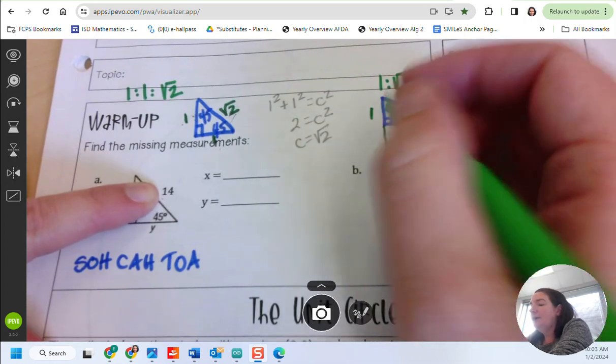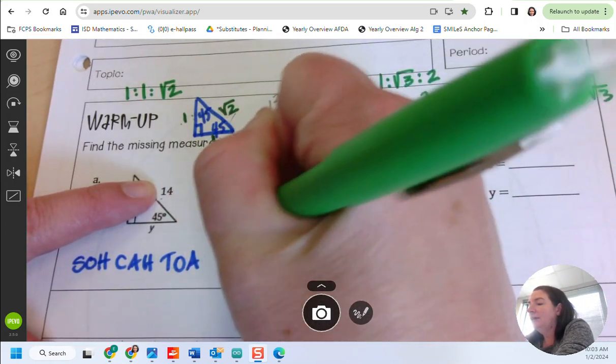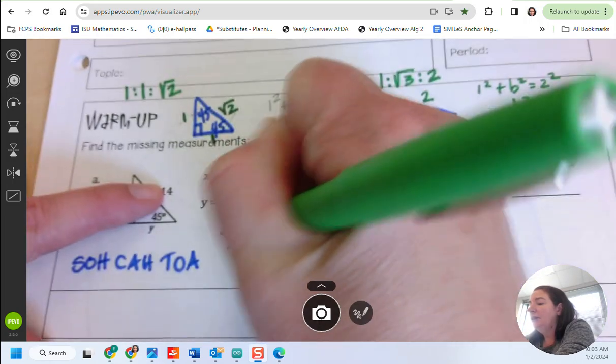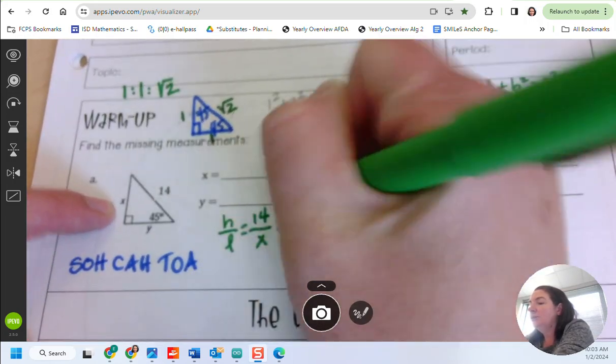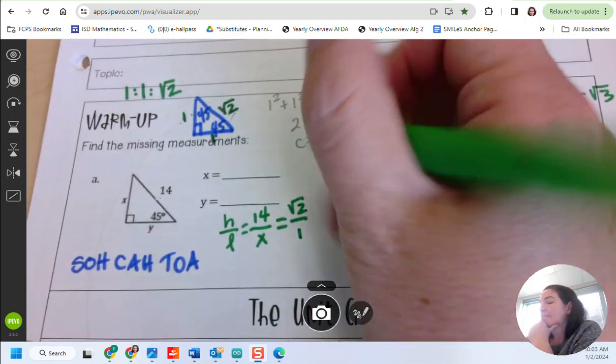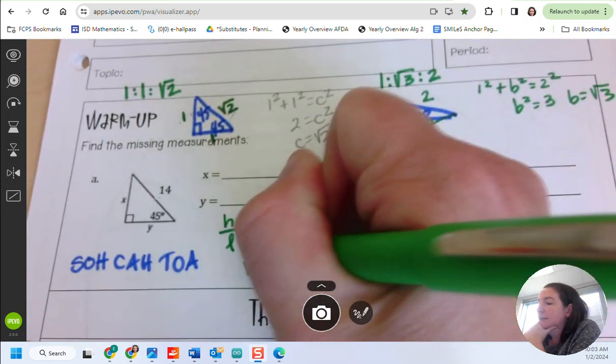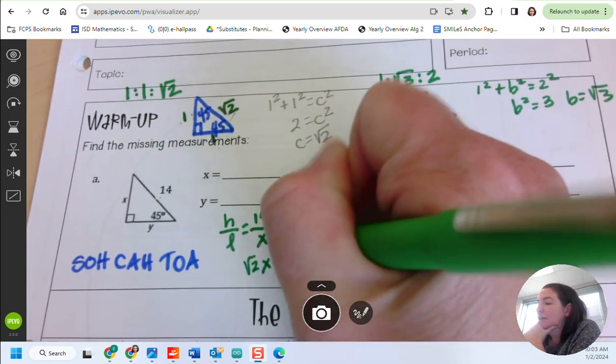So this is a hypotenuse, so I'm going to do hypotenuse over leg. So 14 over x is equal to root 2 over 1. And that would give you root 2 x is equal to 14.